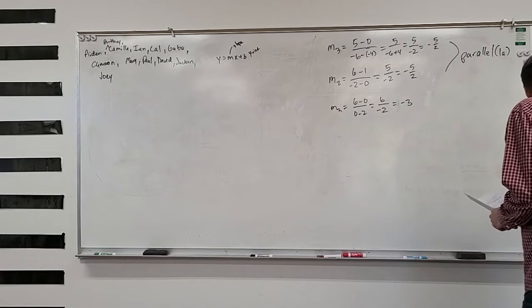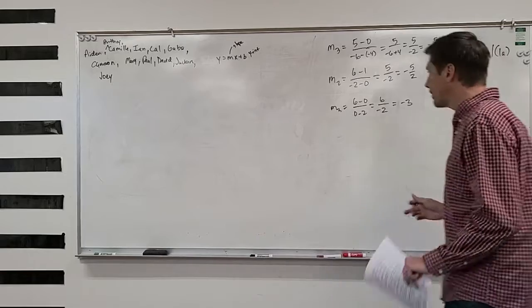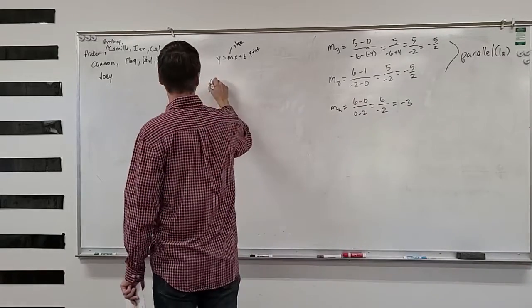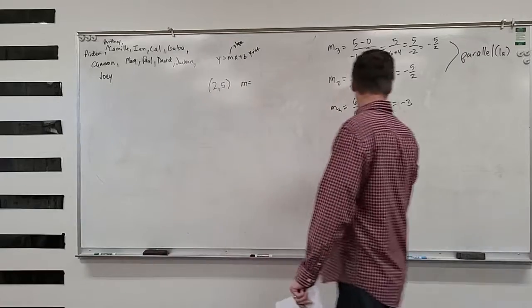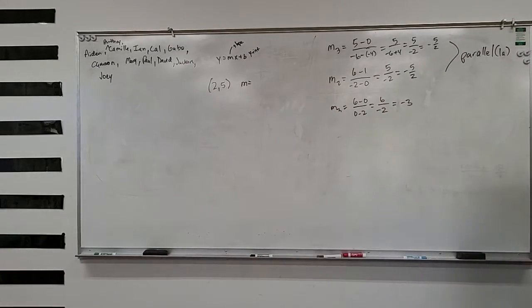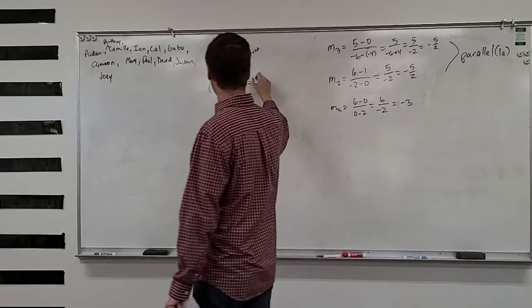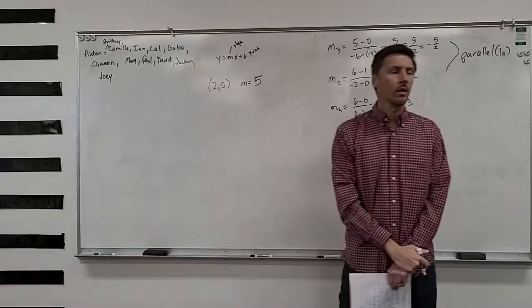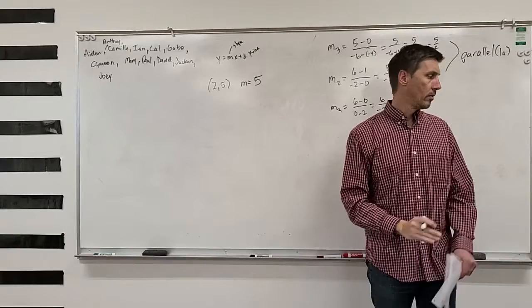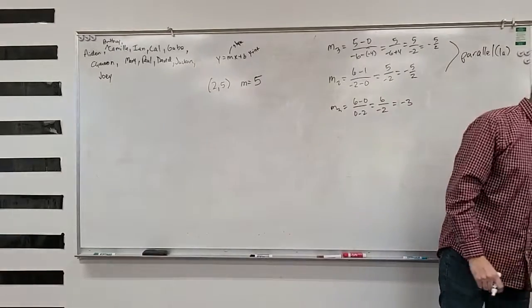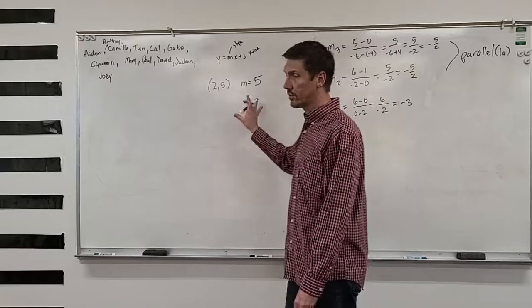We're given a point and we're given a slope. We're given this point (2, 5), and we're told that the slope of the line equals 5. So how am I going to figure out what the equation for this line is?